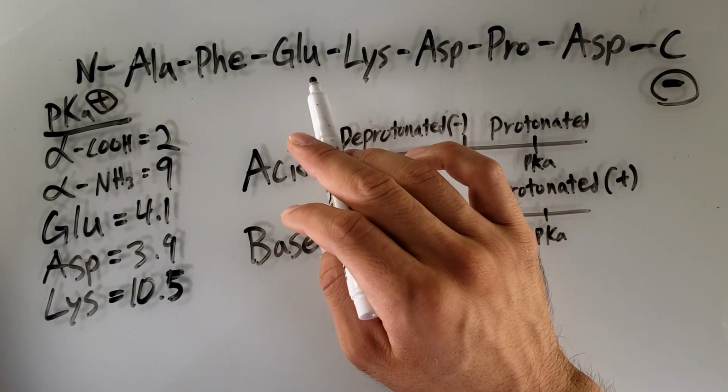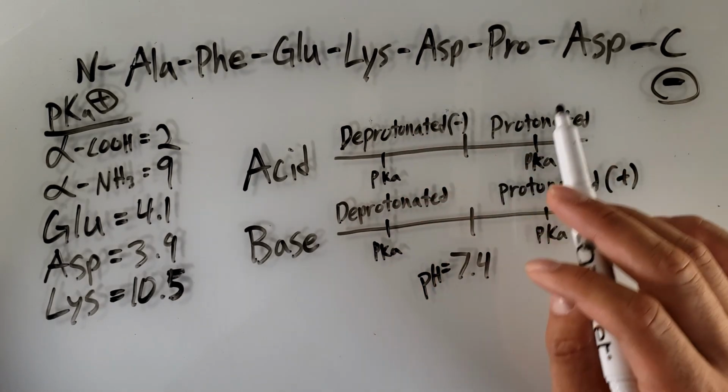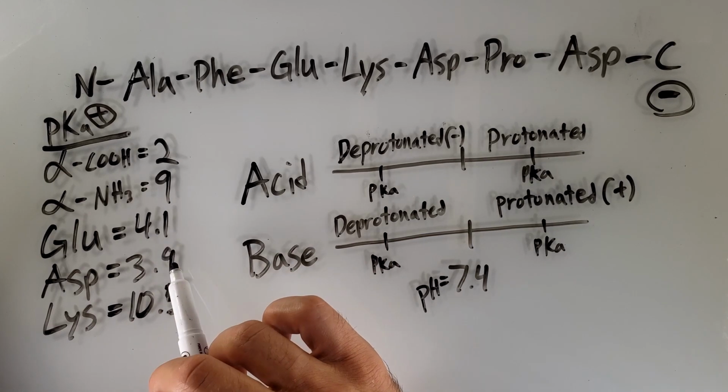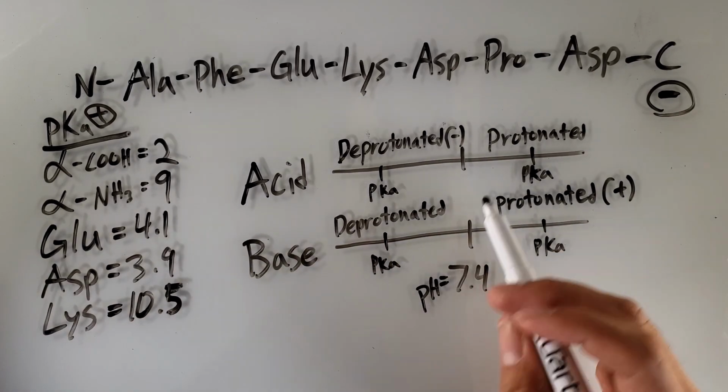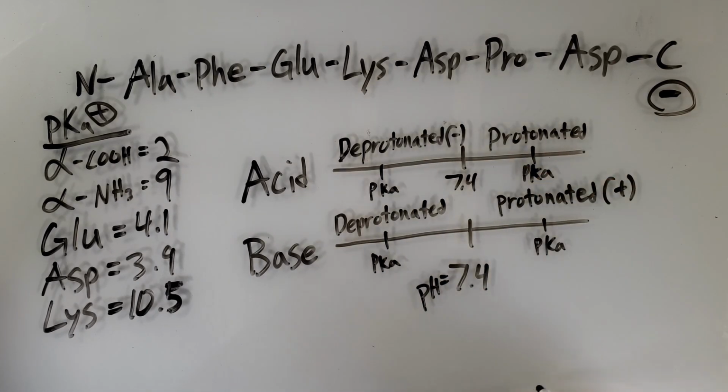Now we want to look at glutamate, lysine, aspartate, and aspartate. If we just look at the acids, 4.1, 3.9, both of these are less than 7.4, so they're going to fall in this range. Again, this is 7.4.